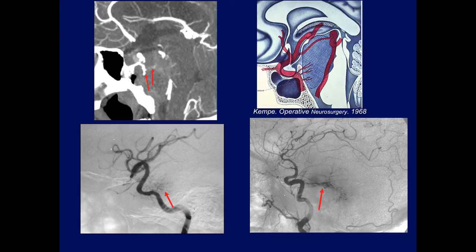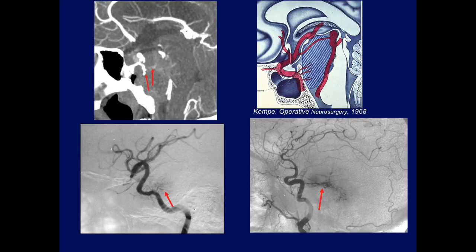Anybody? These are the meningohypophyseal branches, the first branches of the internal carotid artery, and classic, and I'll show them again later, classic for a meningioma being supplied from the carotid artery.